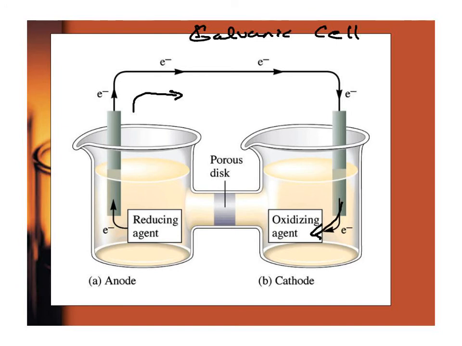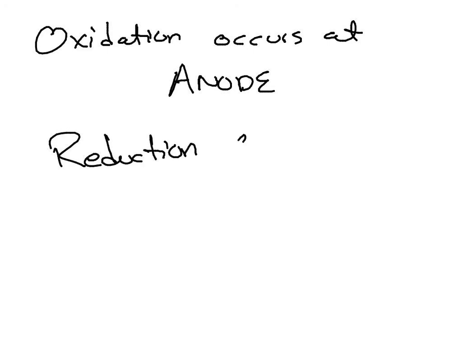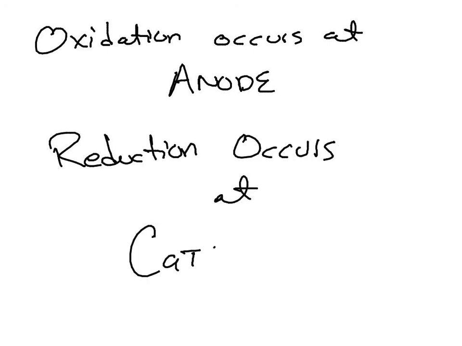Now, here's something that you must know. Oxidation, write this down, occurs at the anode, and reduction occurs at the cathode.